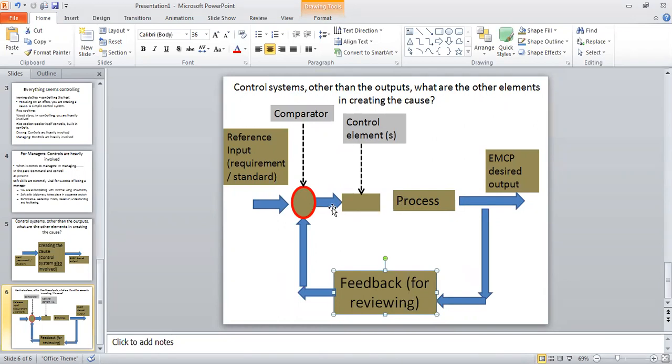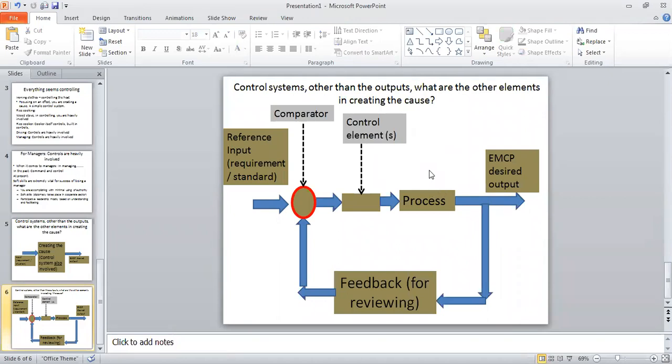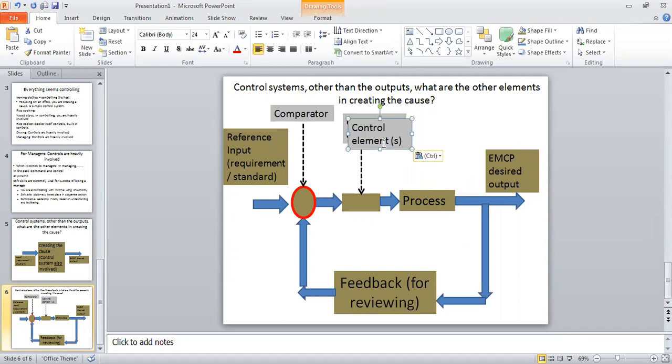So control elements, and this is your process. You can trigger necessary solutions or whatever commands for the process: do this, change this, change that. This is a very basic one. So this process is the standard process. Let's say, for example, metal shearing. Minimize scrap. Where does this minimize scrap come in?